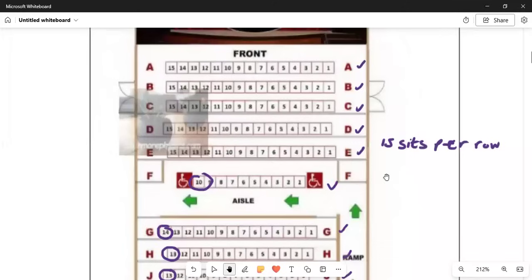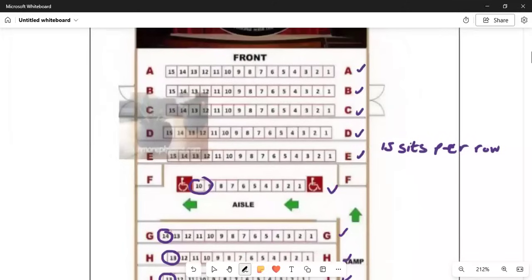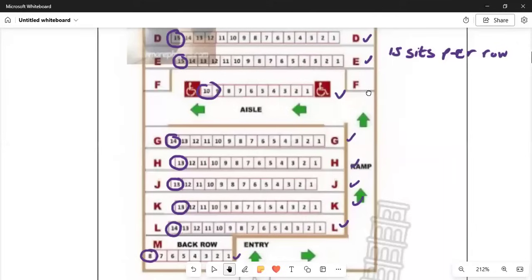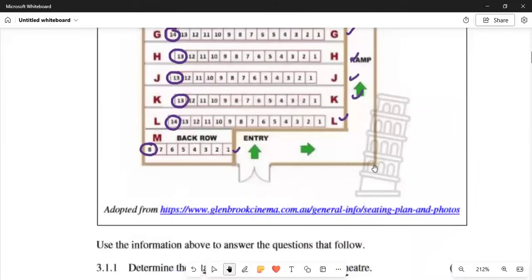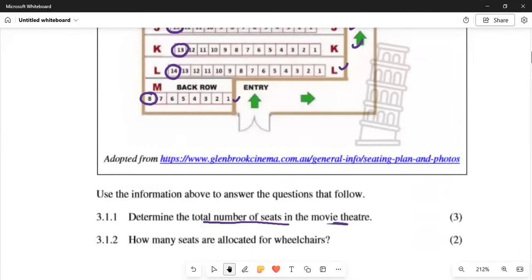In E, there are 15 seats. And then in D, there are 14 seats. In C, there are 15 seats. In B, there are 15 seats. And in A, there are 15 seats. So you add them all there. After adding them all, you get a total of 160. So it's 160 seats.